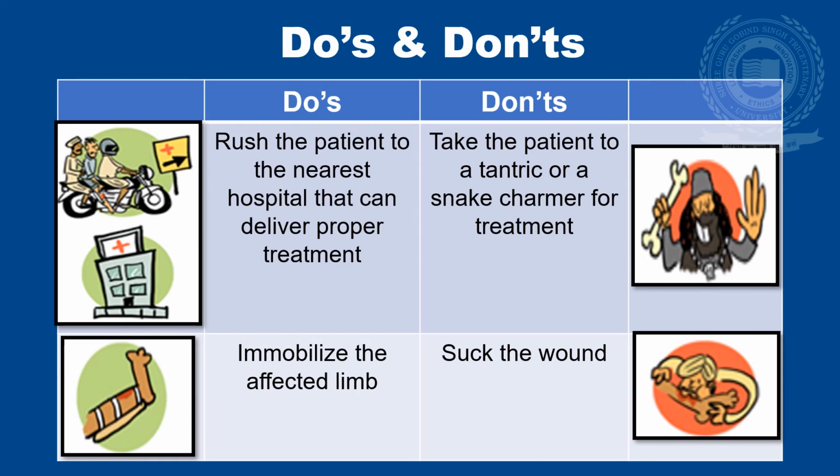Now we must know some do's and don'ts for snake bites. Do's: rush the patient to the nearest hospital that can deliver proper treatment, and immobilize the affected limb, which you have just read in the previous slide. Don'ts: don't take the patient to a tantrik or a snake charmer for treatment, and don't suck the wound.